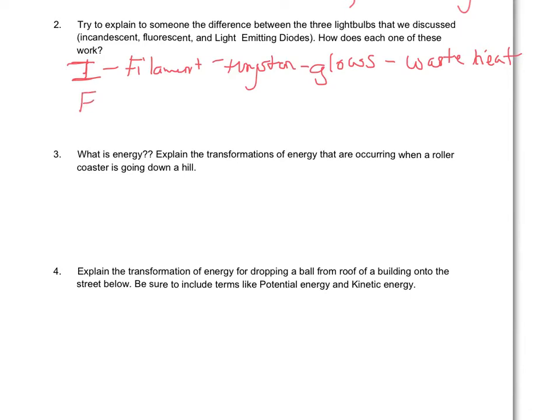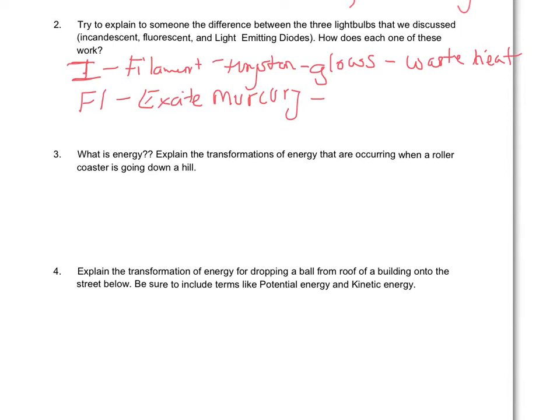The next one are the fluorescents, and these work by exciting mercury. Remember that? This is where the electricity goes into the tube, and it is exciting mercury, and that is what's causing the glow of the light bulb. This is a lot more efficient as it doesn't require as much energy.